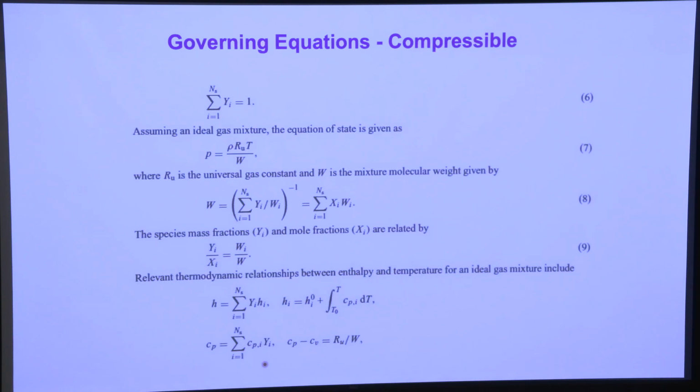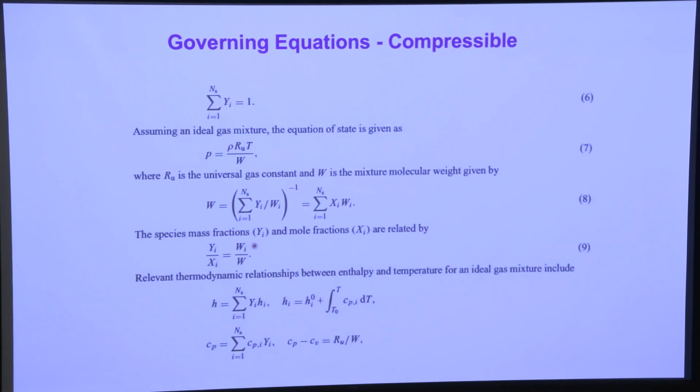And so we use this constraint number 6 here, to back out the inert gas, such as nitrogen. We assume that we have an ideal gas mixture, so the equation of state is just that the pressure is proportional to density times the universal gas constant, temperature, divided by the mixture molecular weight, which is provided by this expression down here. The sum of the species mole fractions weighted by their species molecular weights.